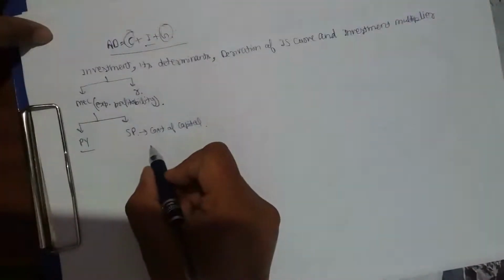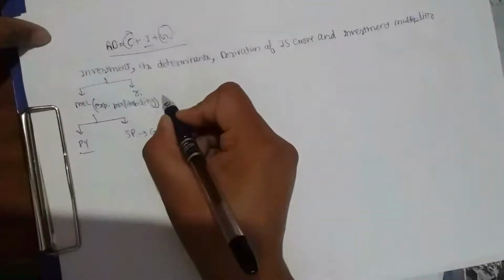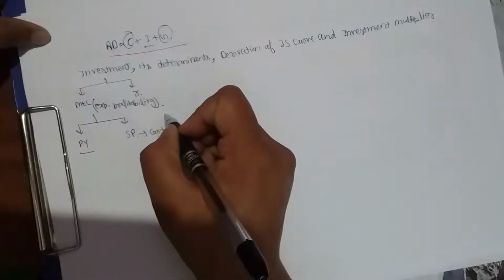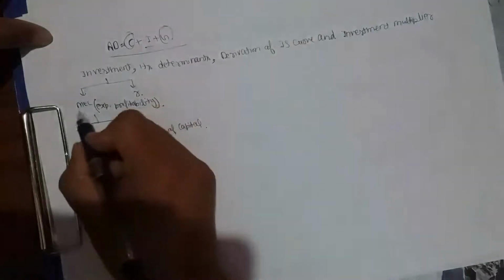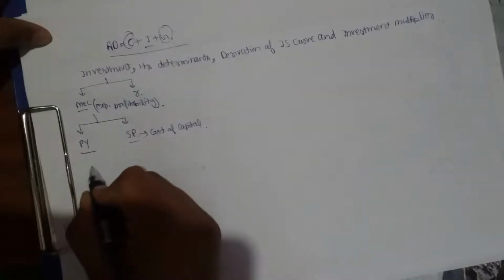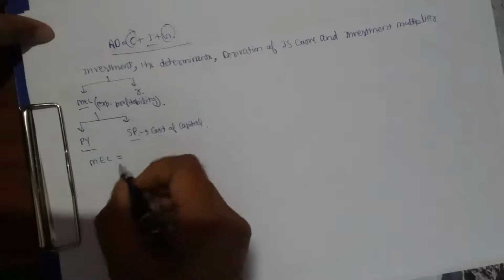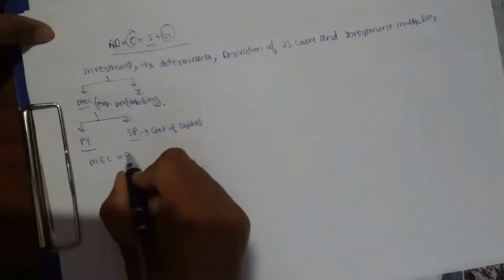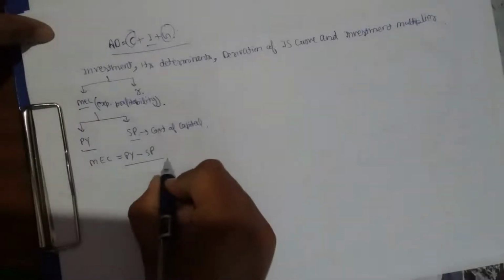This is called replacement cost. Marginal efficiency of capital is calculated by deducting supply price from prospective yield, right?